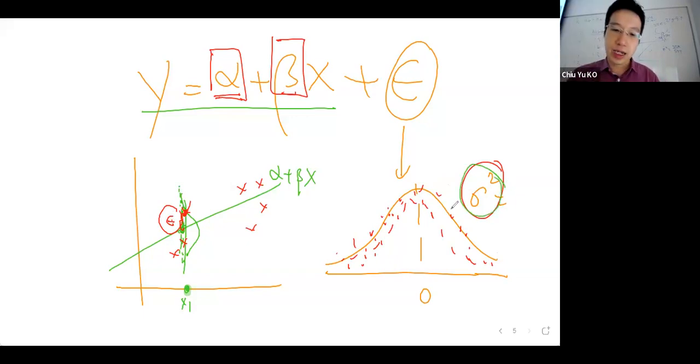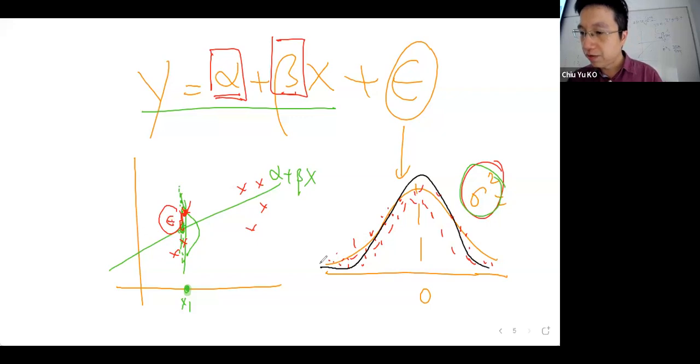If I know alpha and beta, what is left is to figure out different sigma square to fit this line. If this is a sigma square, compare the black one to the green one, and we want to see which one would fit better. Let me repeat the statement.